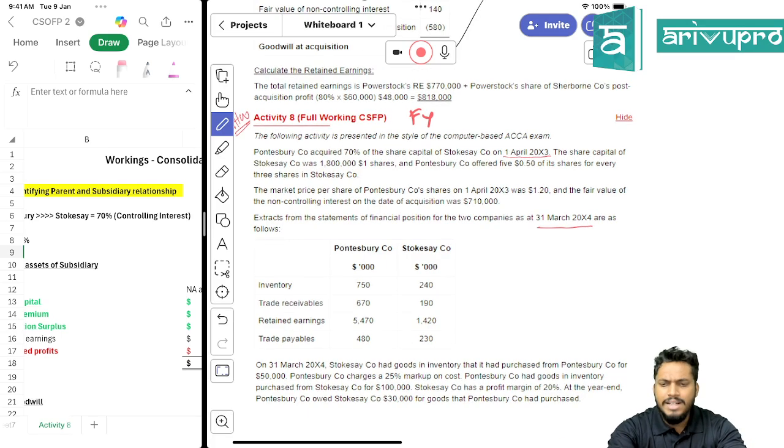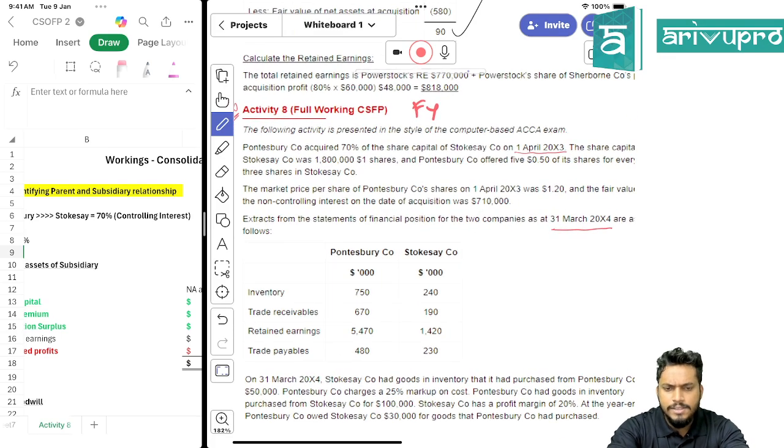Guys, in order to practice, guys, listen, you need to note something. Technically, this is how they will test in your computer-based exam for ACCA. They will not ask sometimes the full question for you to do it. Only the adjustments they will ask you to do it.